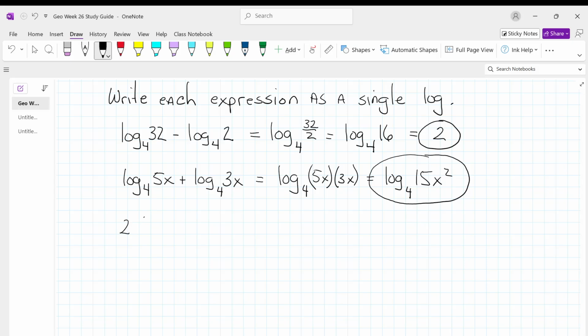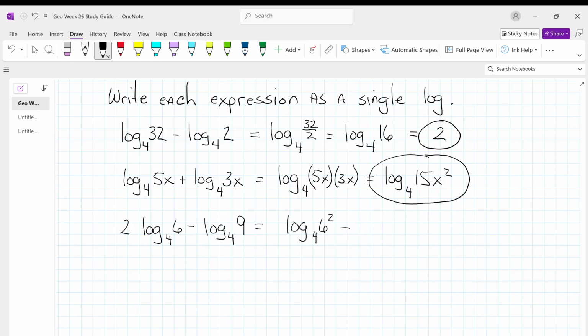2 log 4 of 6 subtracting log 4 of 9. All right, so we have to apply the exponent property, power property, to this first log. So we would rewrite it as log 4 of 6 squared.